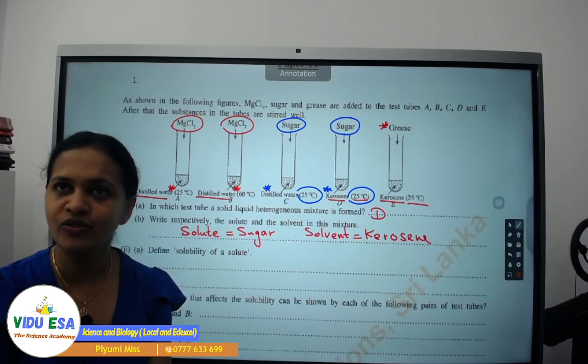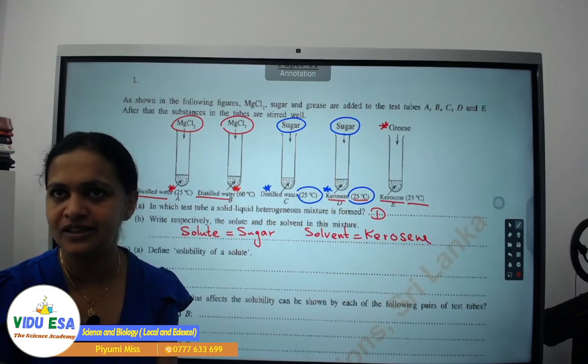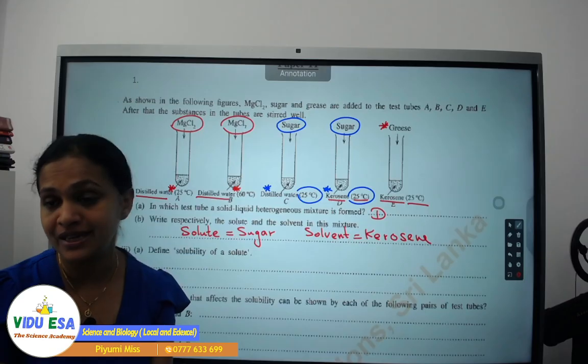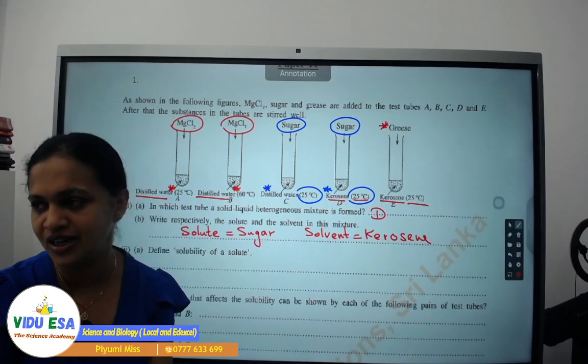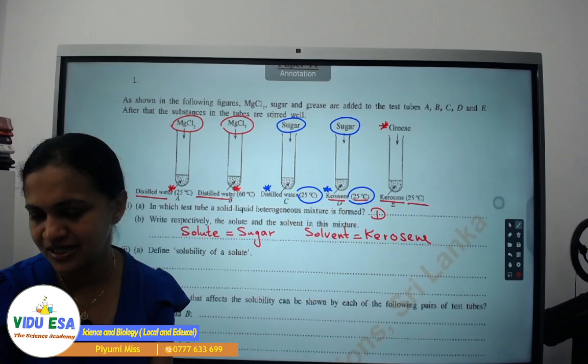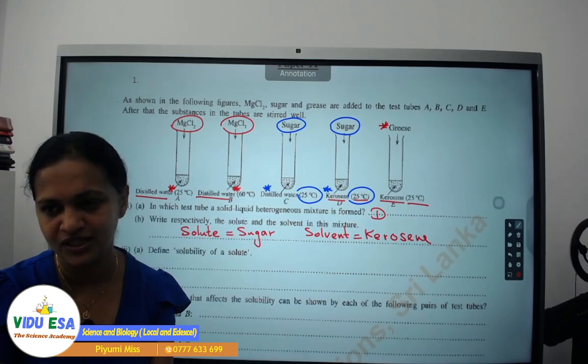If any of you have written like this, the maximum amount of solute, no marks. Maximum amount, no marks. It should be the maximum mass of solute that dissolves in 100 grams of a solvent at a certain temperature.